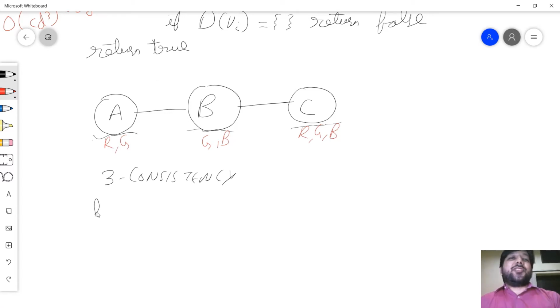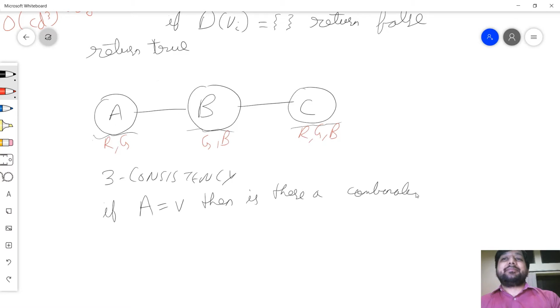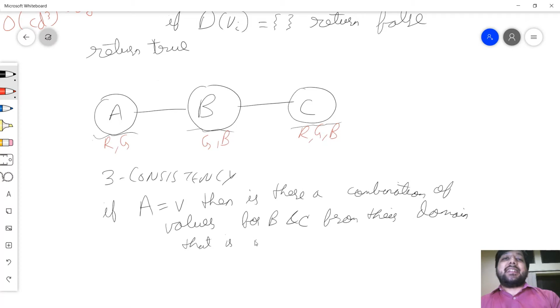I ask a question: if A takes a value V, then is there a combination of values for B and C from their domain that is consistent, that is possible?